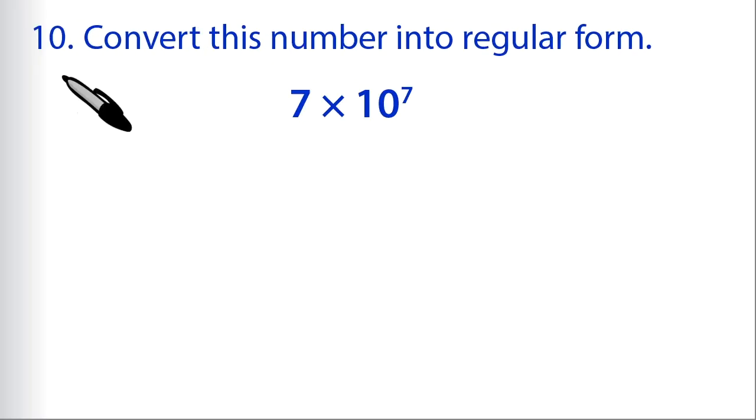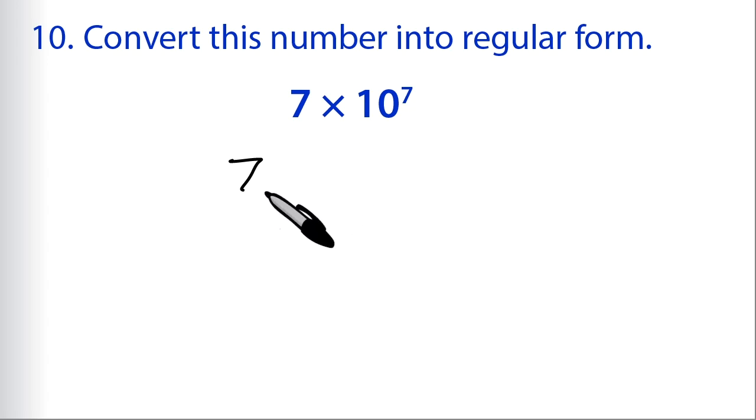For problem 10, we need to convert this number into regular form, and we're given 7 times 10 to the 7. So this is pretty straightforward. It's a positive exponent, so it means we'll be shifting the decimal point to the right to make this number larger. So we start out with 7, and there's a decimal point here that is invisible, of course, again.